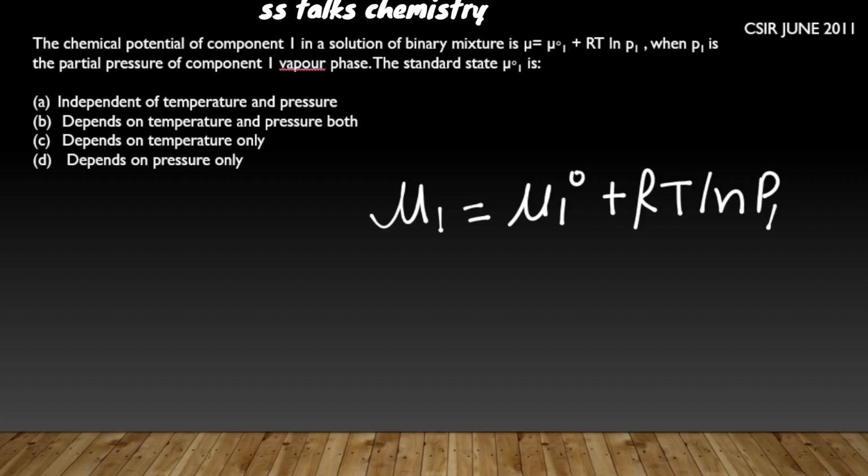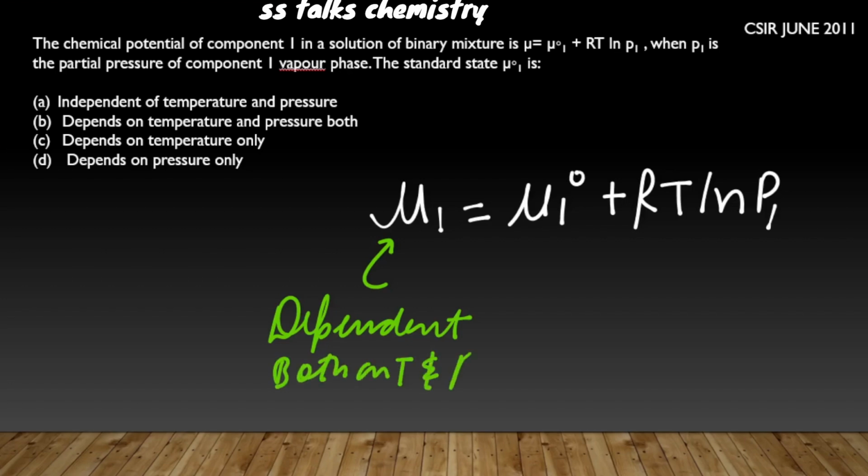So what basically is the chemical potential? Chemical potential is just a change in the thermodynamic functions that you get on addition of some amount of the substance to it. That is in the open system, this property arises, right? So now this mu1 that you have is dependent both on the temperature and the pressure.